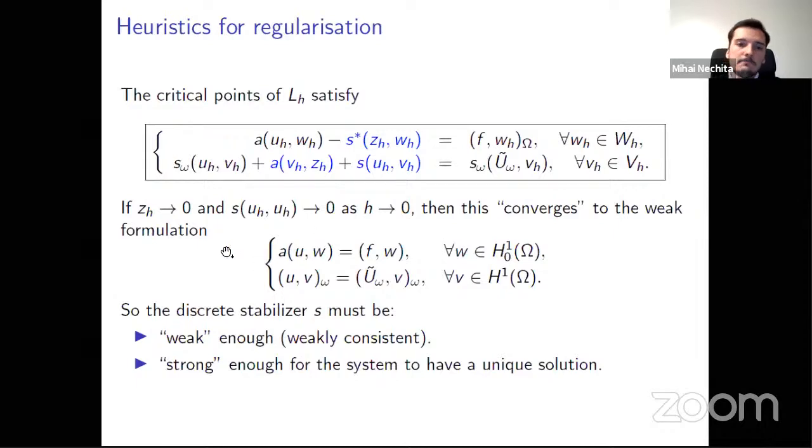So the stabilizers must satisfy certain conditions. First of all, they must be strong enough such that the discrete system has a unique solution. But as I've mentioned, they must be weak enough and converge to 0 in the right manner. This is what we call weakly consistent.